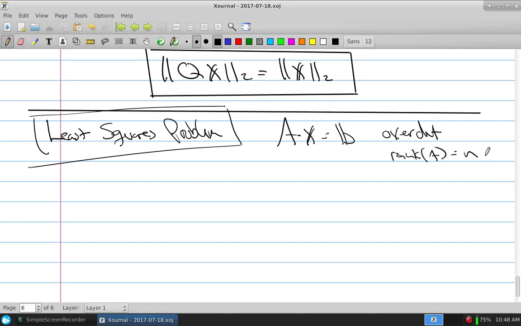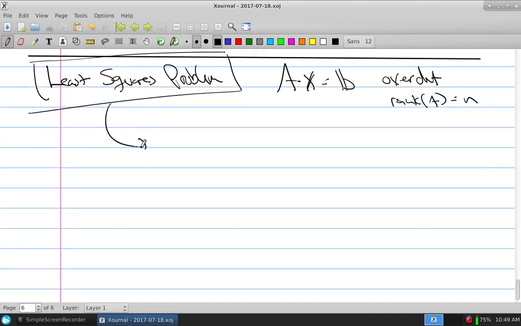We have no free variables. So I have an overdetermined system and no free variables, which is how this was understood in Rn. How did we go about doing a least squares problem? The least squares problem was that A transpose A x hat is a solution to A transpose b.